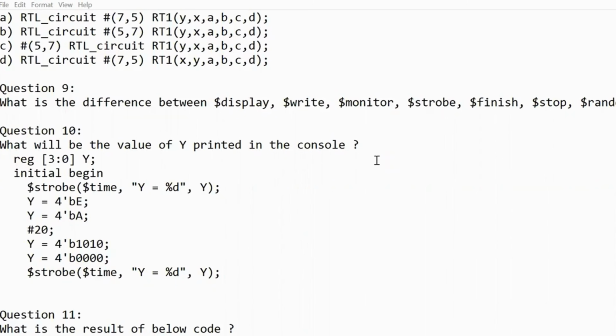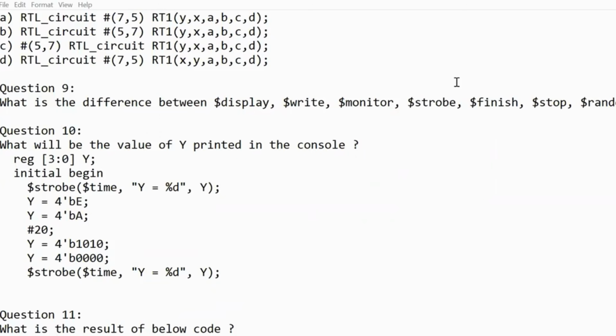$display means it will display the output. $display, $monitor is to display the output onto the screen. Can you tell again?